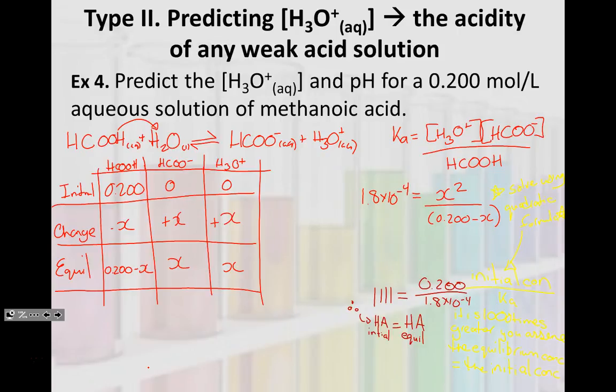So you can look at this one of two ways. If you get to this and say, okay, it's greater than 1,000, that means I can ignore this x here, and I can just go ahead and solve it. Or we have this formula that we can remember, which is over here, that the hydronium ion concentration is equal to the square root of the Ka times the HA.